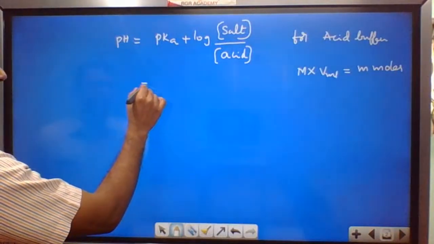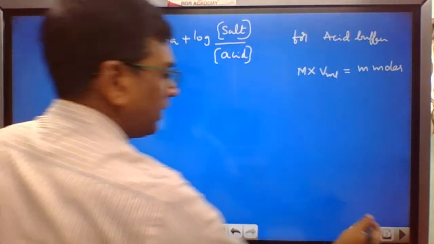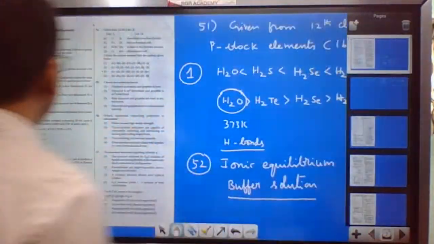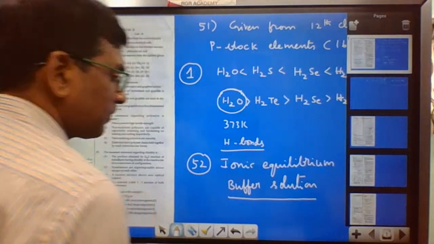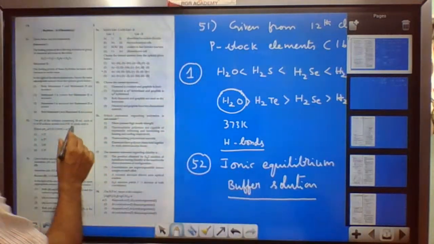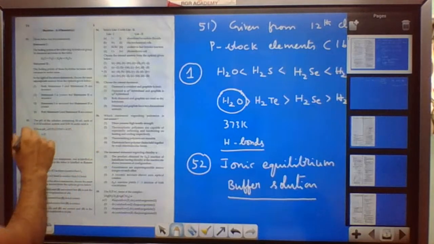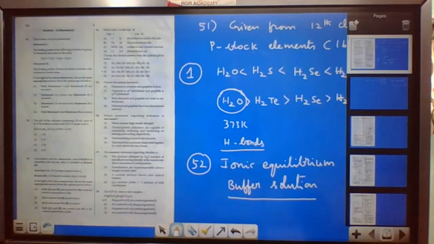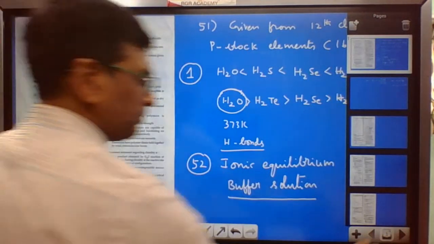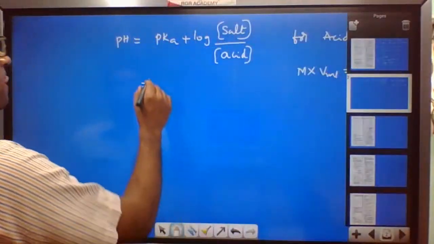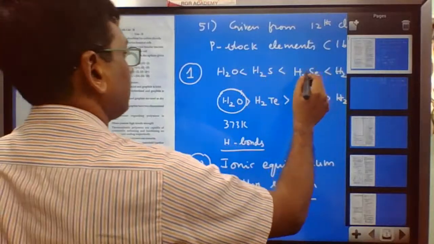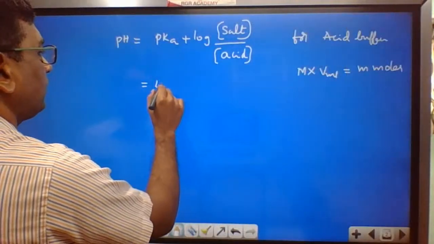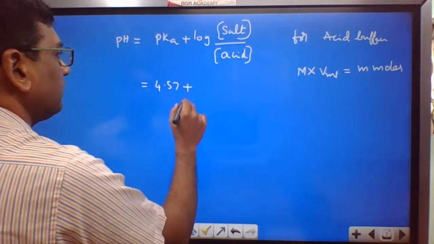They gave already pKa, 4.57, and 50 ml each of 0.1 M sodium acetate and 0.01 M acetic acid. So 4.57 is the pKa they gave already.